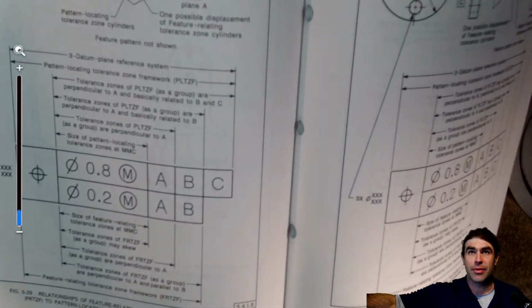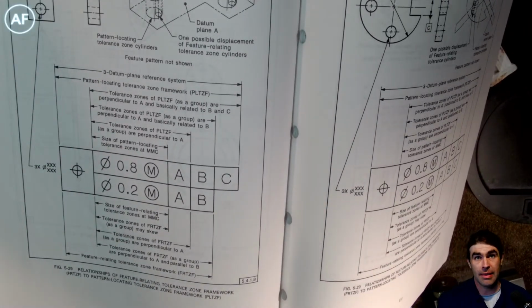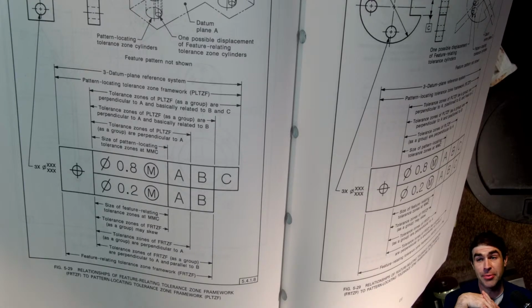I probably won't show the pages from 2009, but this is only in 1994. And I think it's a very instructive way of learning composite position. I think these figures absolutely rule, and I don't know why they got rid of them for 2009.